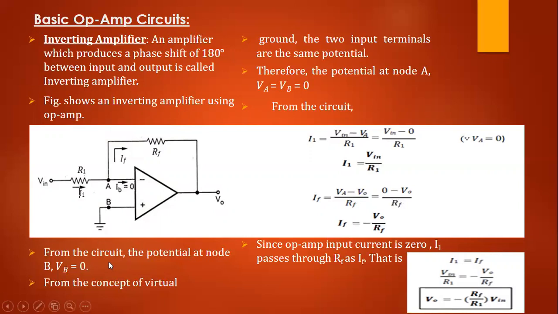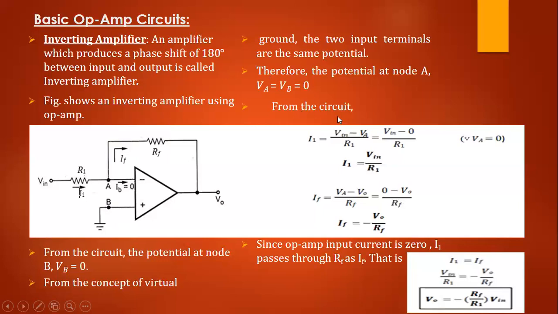See here, from the circuit, potential at node B, that is VB, is equal to 0. Now, from the concept of virtual ground, the two input terminals are at the same potential. That means potential at node A is equal to potential at node B, that is VB. Okay, so VA is equal to VB is equal to 0.